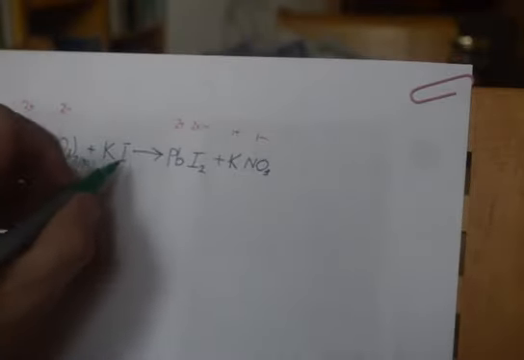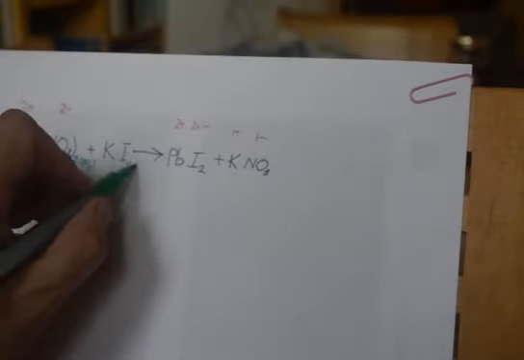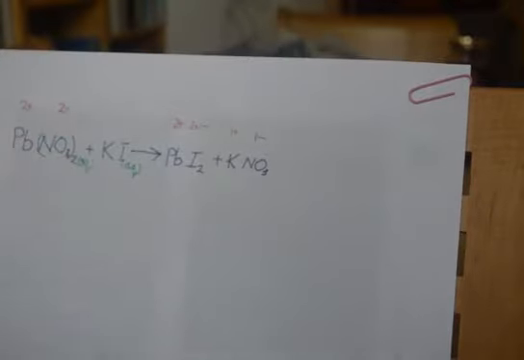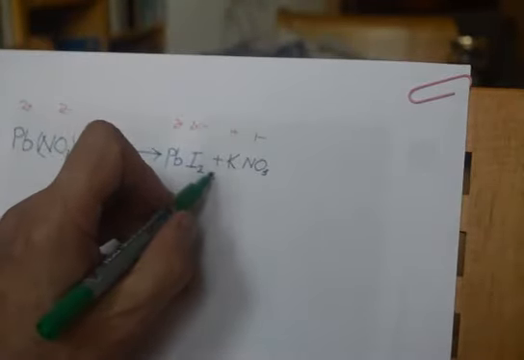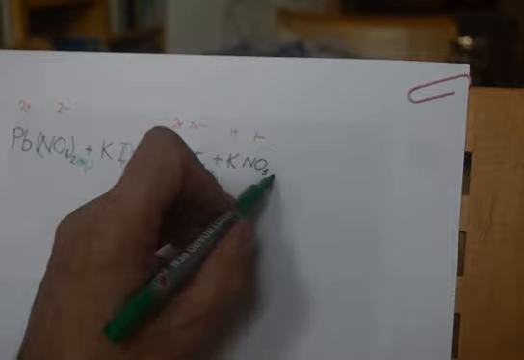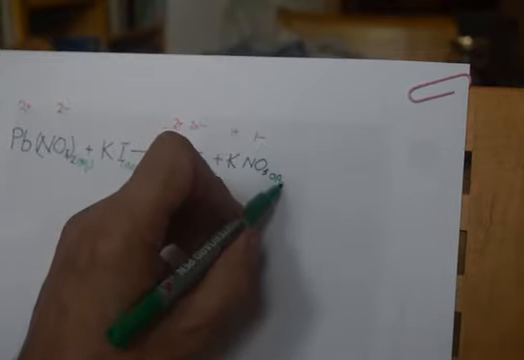So we got, let's do it in green, an aqueous solution for there, let me put that in, and an aqueous solution for the potassium iodide. And when we did our reaction, we got a precipitate. So this lead iodide was a solid that came out in yellow, and the potassium nitrate was still in solution, so that is aqueous.